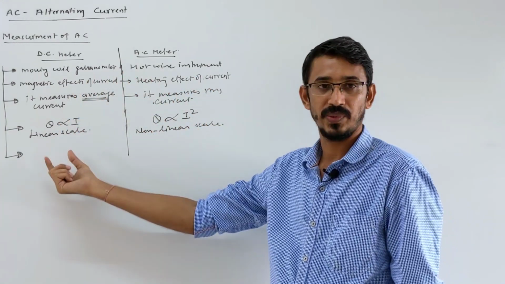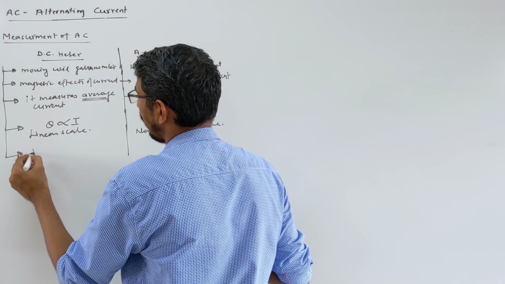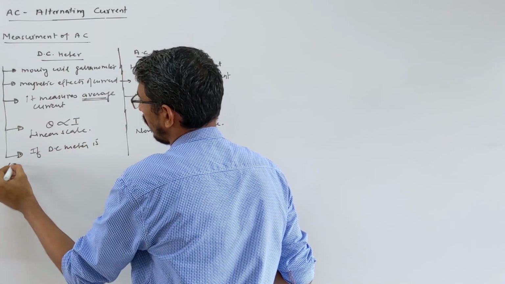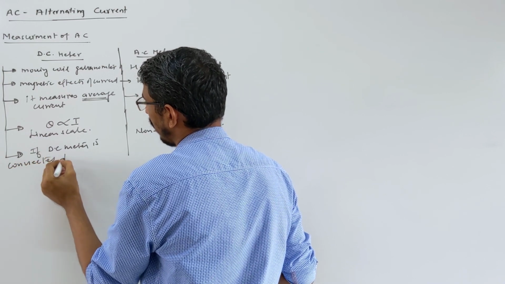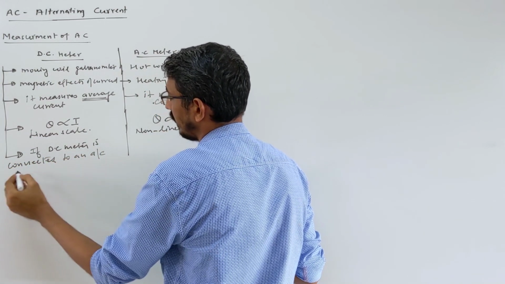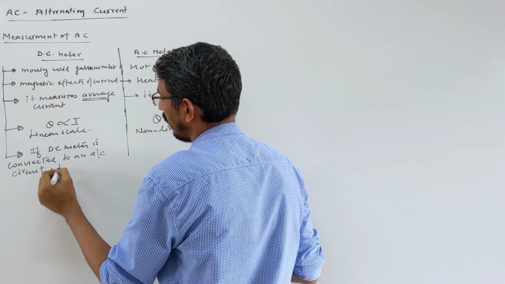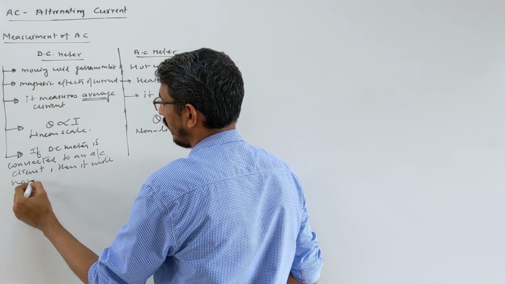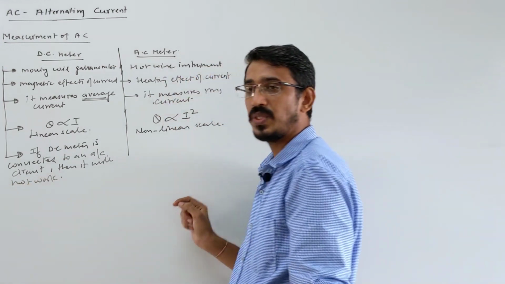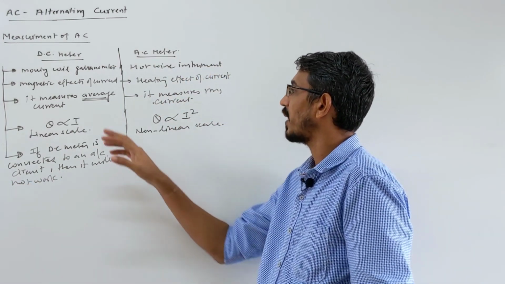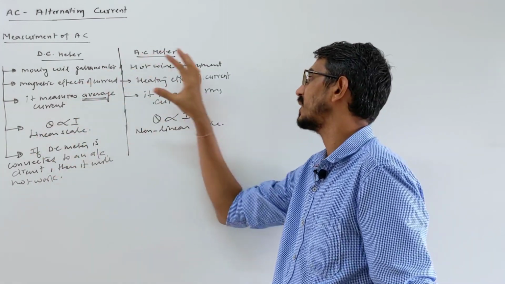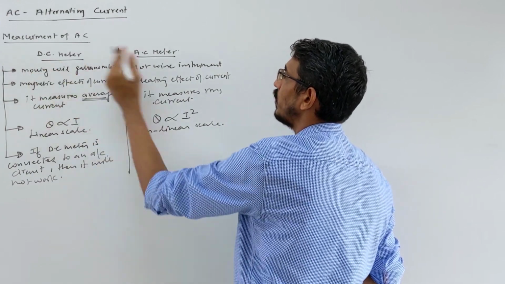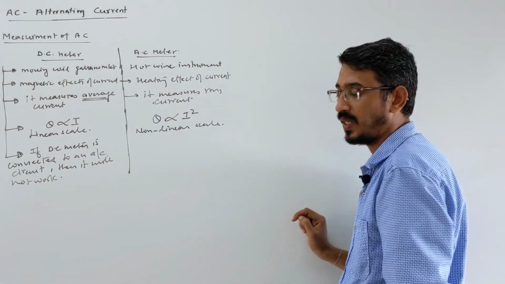So it will read 0. In a few words: if a DC meter is connected to an AC circuit, it will not work. It will show a 0 reading, because it measures the average current, and the average current for AC is 0. So a DC meter you cannot use for the measurement of AC current.